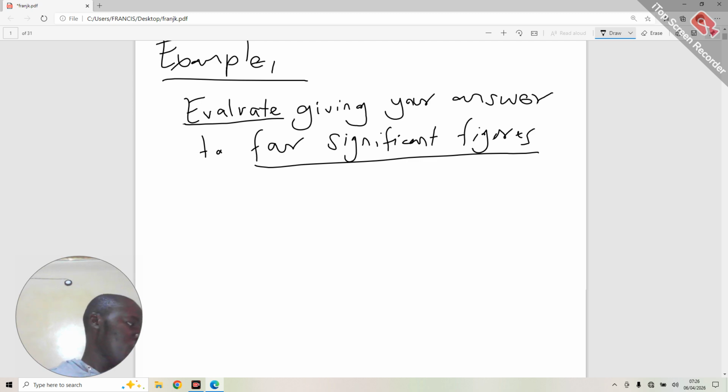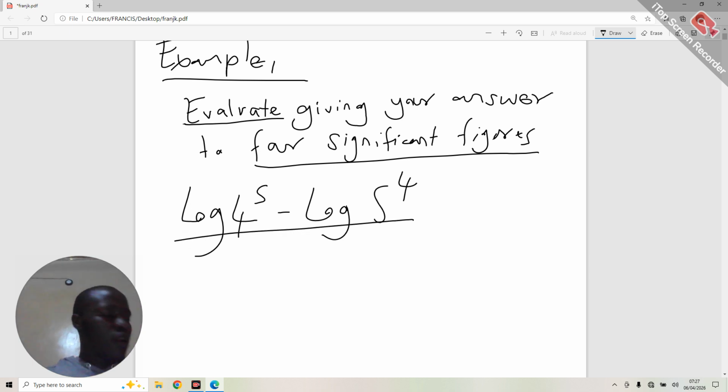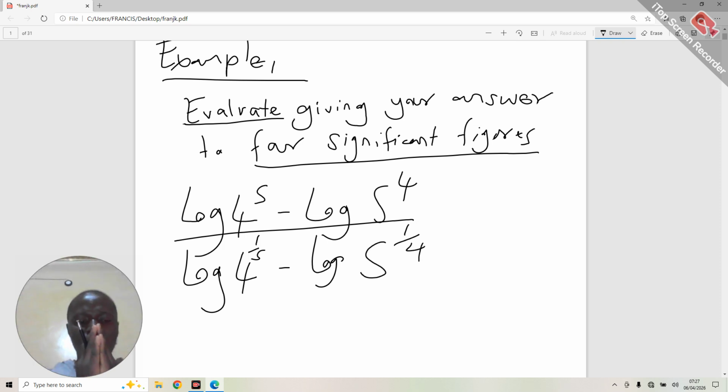Now, what we've been given here, log 4 power 5 minus log 5 power 4 all over log 4 power a fifth minus log 5 power a quarter. You've been given that.